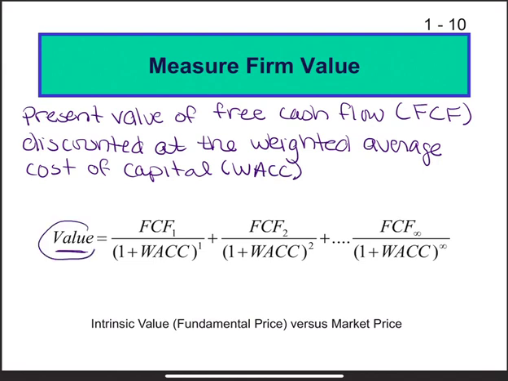So here, the firm's value, we have the free cash flow, and then down here is our weighted average cost of capital. And this part we will get to later on in the term.